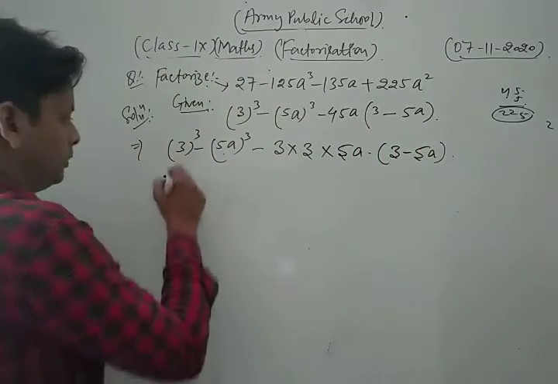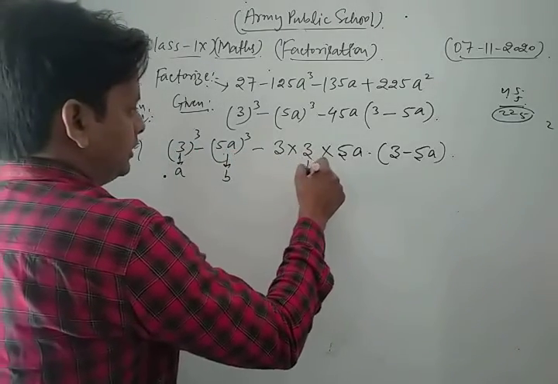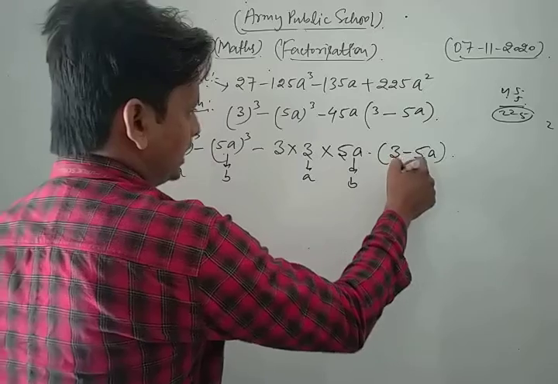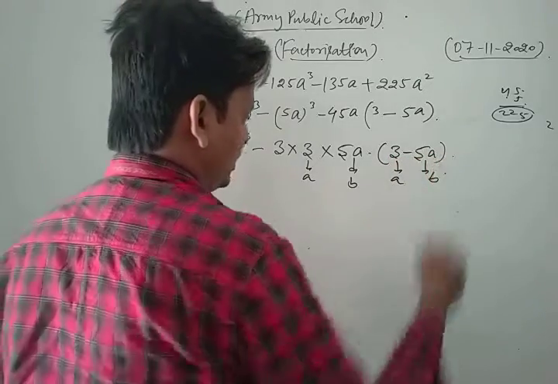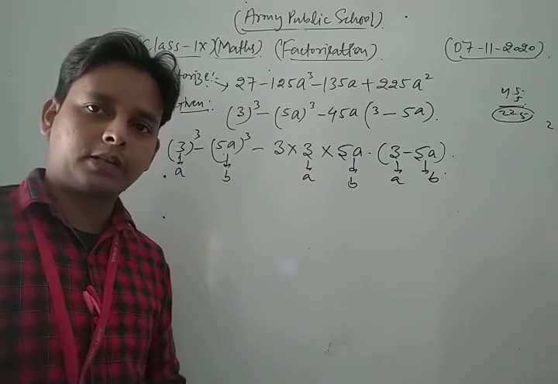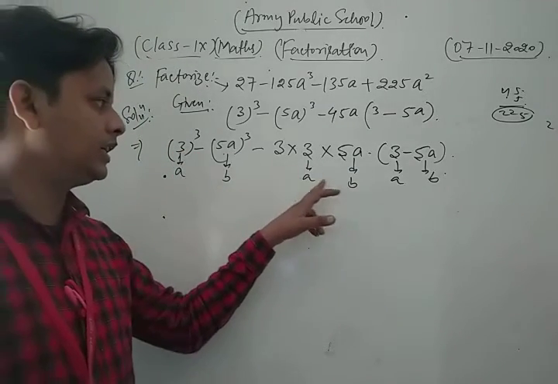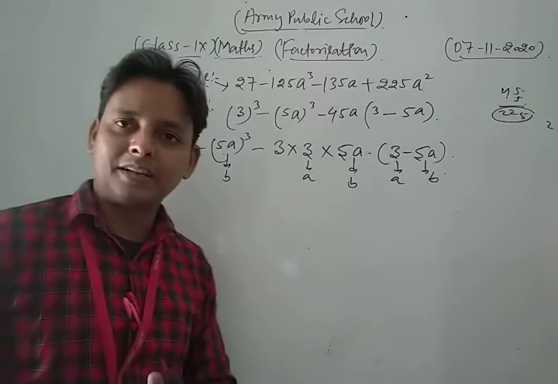Look, suppose this is taken as a and this is taken as b. Now, dear student, look at these expressions: a cube minus b cube minus 3ab in bracket a minus b.